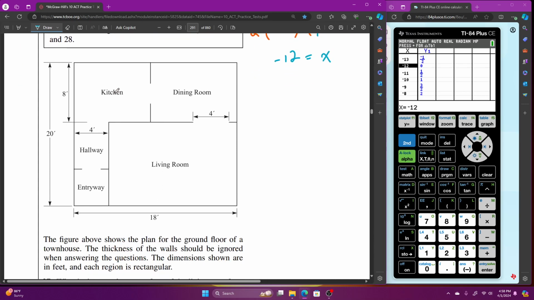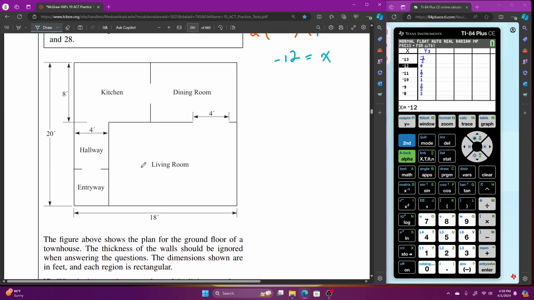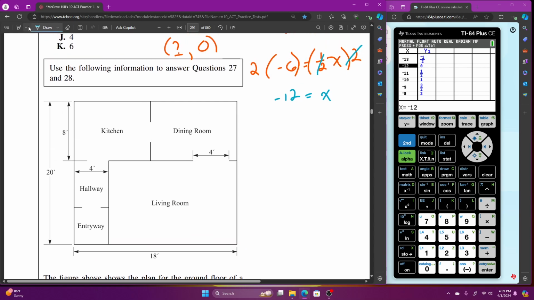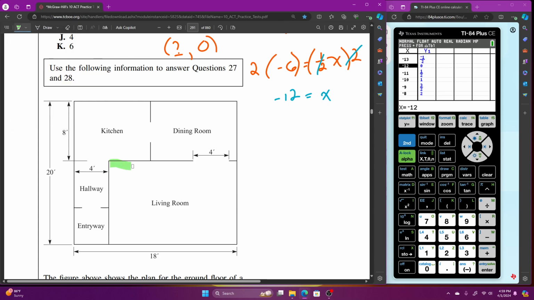And then the next two questions, number 27 and 28, they're both using this diagram. Number 27 says, what is the area in square feet of the living room? Okay. And our living room is this section right here.